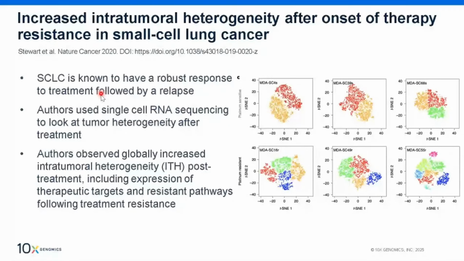However, following a treatment and relapse, when the cancer has acquired the resistance, these are the single cell sequencing results of those samples. As you can see, suddenly the clusters become more, meaning that the variation between the cell types in the tumor becomes greater.